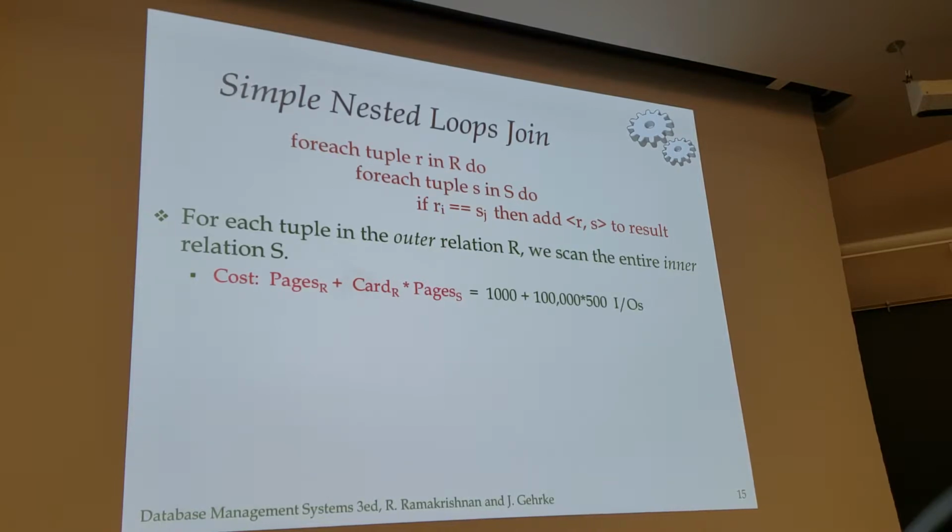And then for every tuple inside R, cardinality of R, we're going to have to touch every single page in S. I'm not assuming in this that all the pages in S stay inside memory, because there might be a lot of different pages inside S. So basically, in this case, there are 500 pages inside S. So if we're assuming that they're not in memory, again, not a real assumption today, then the cost is going to be 1,000 to go through the tuples inside R, which means going through the pages of R. Each page gets touched just once.